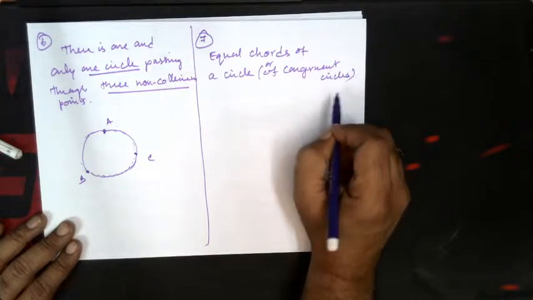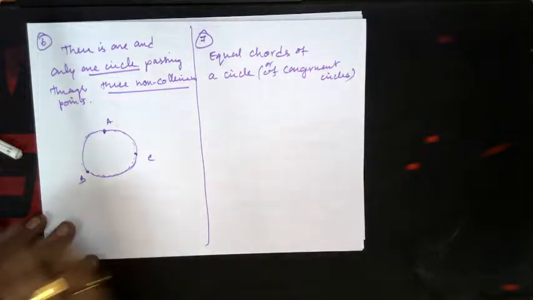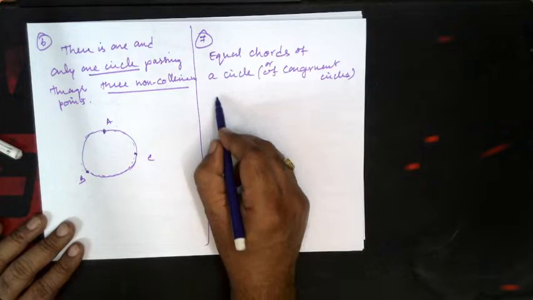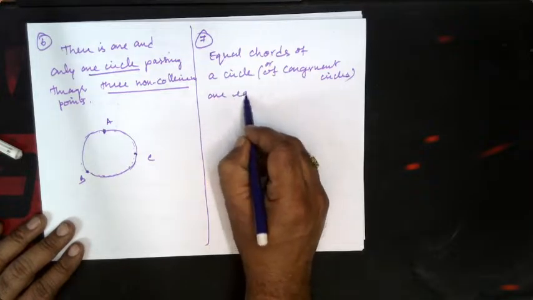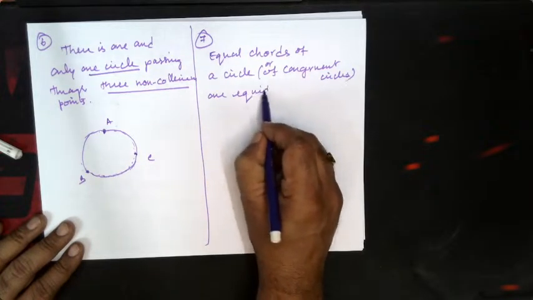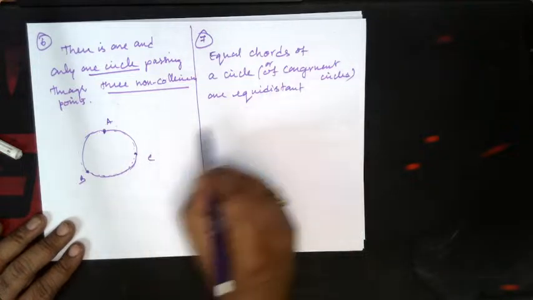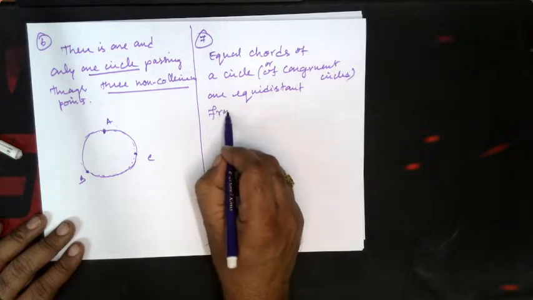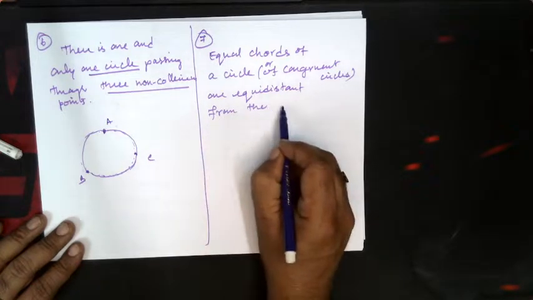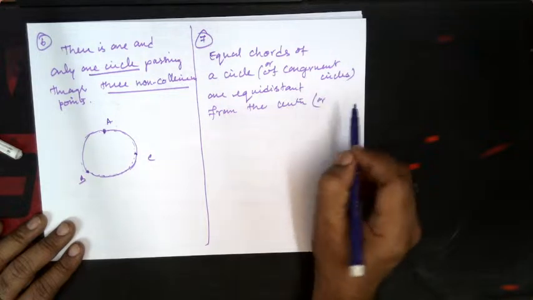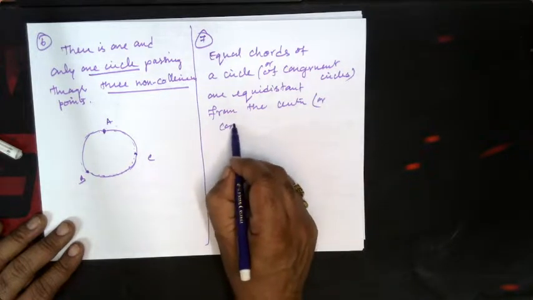Whenever we give a theorem, it should be applicable in all cases. So equal chords of congruent circles are equidistant. Equidistant means that they should have equal distance. Equidistant from the center, or from the corresponding centers.